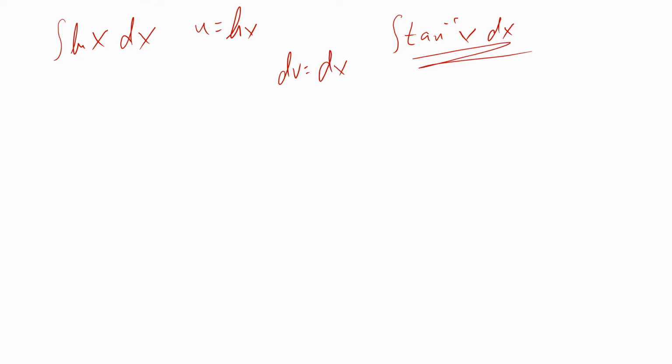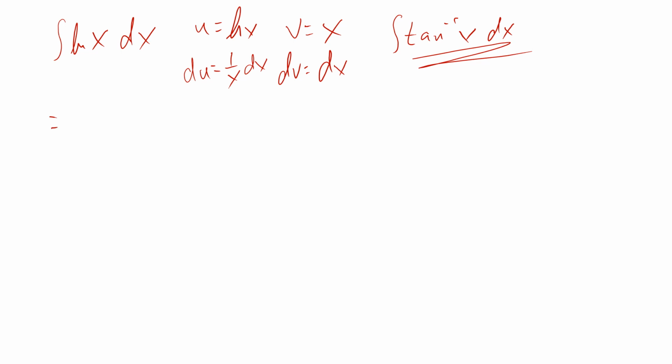The derivative of ln x is 1 over x dx. The antiderivative of dx, v, will just be x.